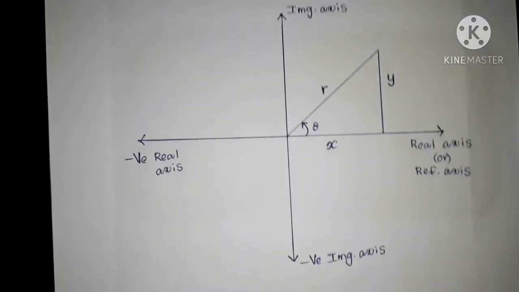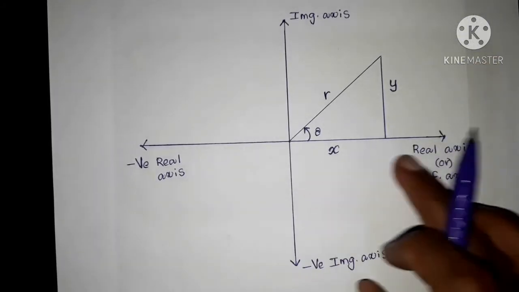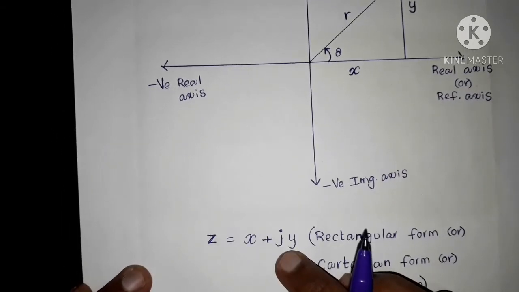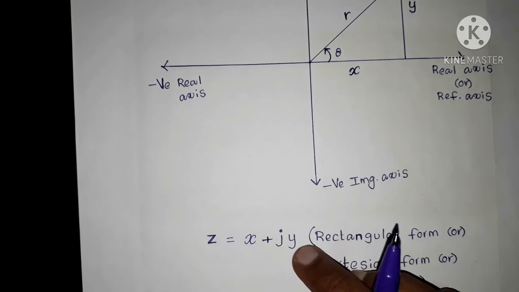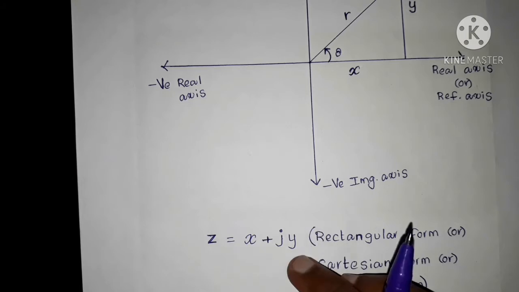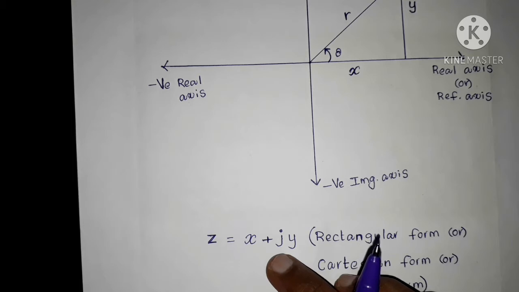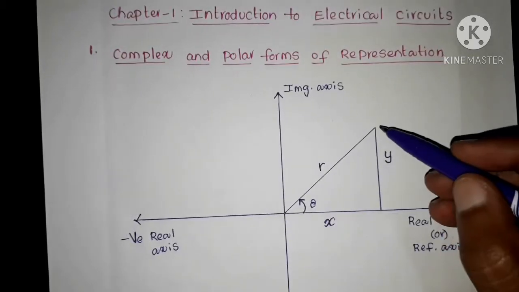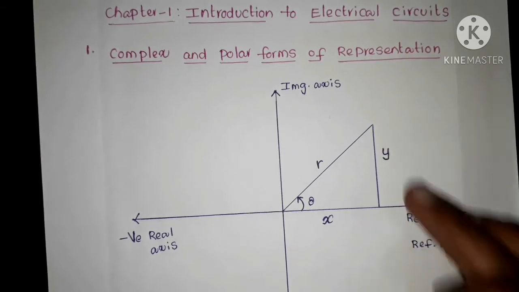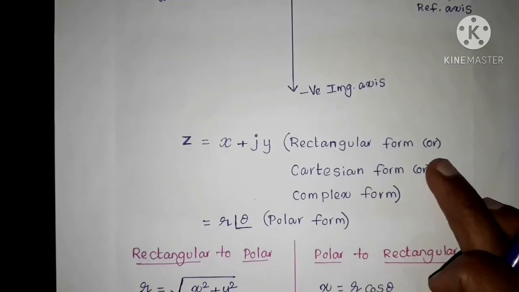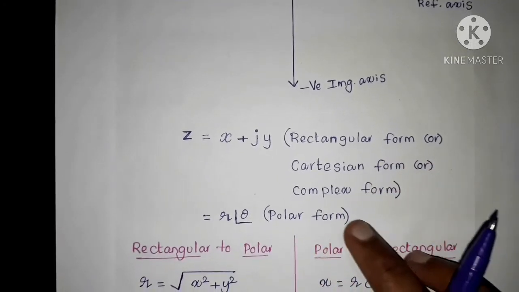In representing z, this coordinate, x is the real term, and for the imaginary term we have to take j before the value of the imaginary part. So x is a real value and y is an imaginary value. To denote the imaginary value, we have to take j. So x plus jy. We can represent this point coordinate as x plus jy. That form is called the rectangular form or Cartesian form or complex form.